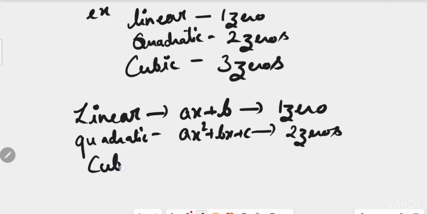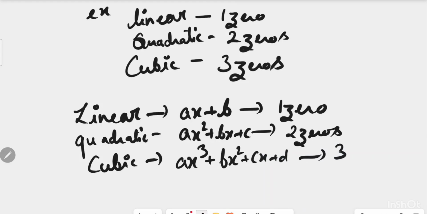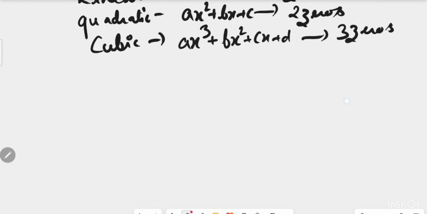And if we take the example of cubic, ax cube plus bx square plus cx plus d, then it will have 3 zeros. So this is the number of zeros.